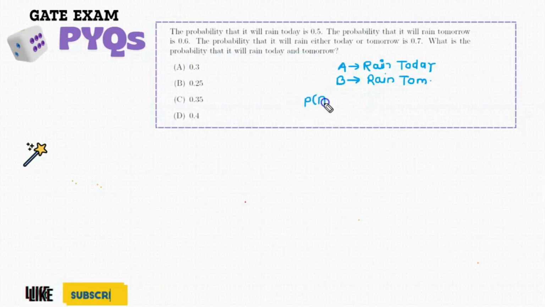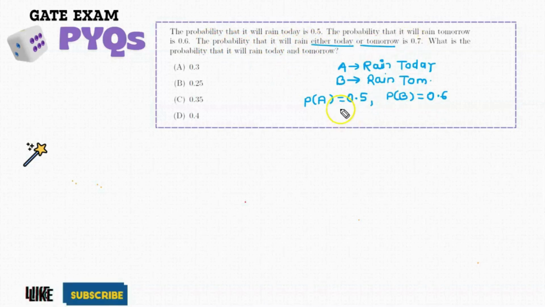So probability of A is given to be 0.5 and probability of B is given to be 0.6. Next, the probability that it will rain either today or tomorrow is 0.7. So either or means what? We have been given the union. It is given to be 0.7, and we have been asked the probability that it will rain today and tomorrow.